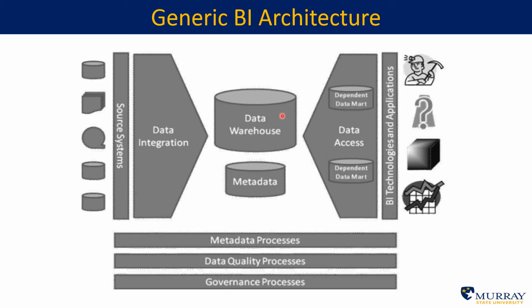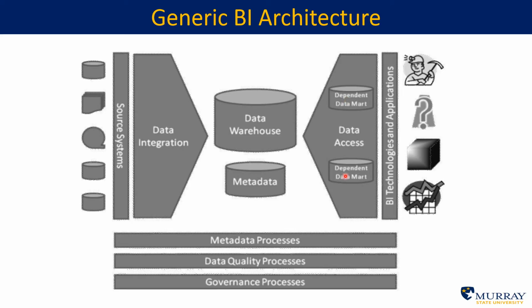That would involve taking some of the data from the centralized data warehouse and singling it out, putting it into one dependent data mart. The reason it's called a dependent data mart is that it depends on the data contained in the central data warehouse. There can be many dependent data marts depending on the types and quantity of BI applications that an organization may have. But the key is that no matter what kind of dependent data mart it creates, it draws data from a central location.